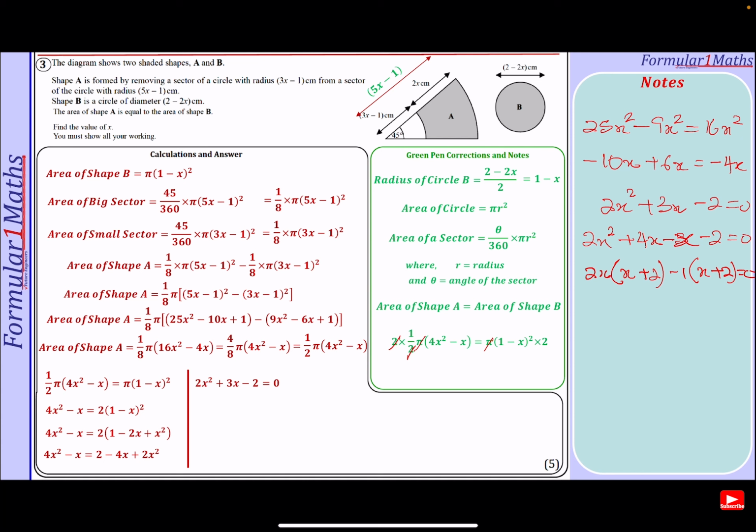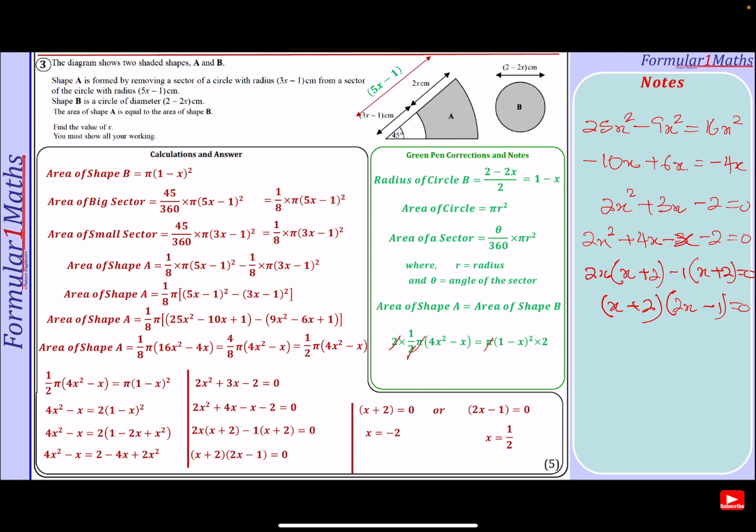Then x plus 2 will come out, and I have 2x on this side, and then minus 1 on that side equals to 0. So we get this. And then we solve this to get x equals to minus 2 and x equals to minus a half.